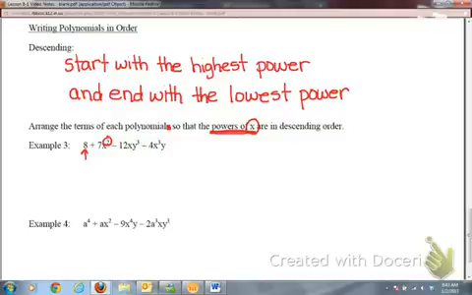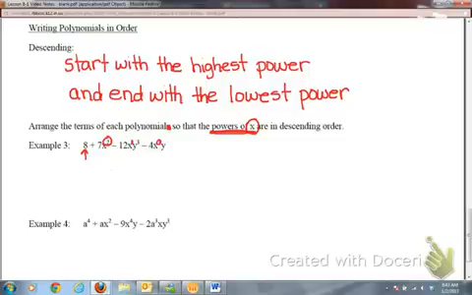The 3 doesn't matter because that's with the y. So remember, we're looking at the x. If you don't see a power or an exponent after the x, that means there's an invisible 1. So I'll put that right there, there's a 1. The last term, that is actually our highest because the x has a 3. So when we write it, we're going to start with that one.